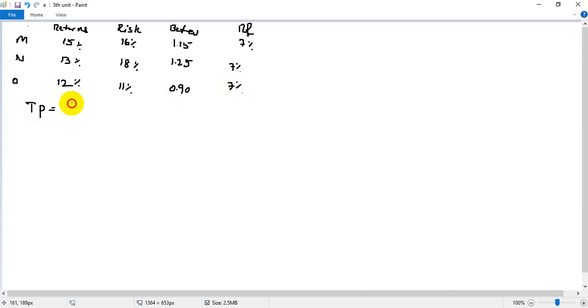The formula is RP minus RF divided by beta of the portfolio. So for M we are going to calculate 15 minus 7 divided by 1.15.